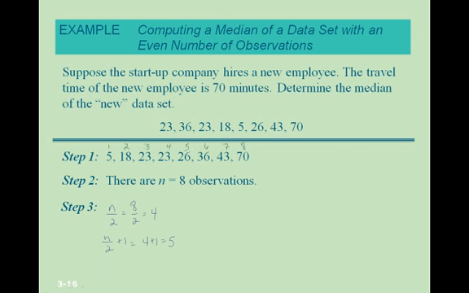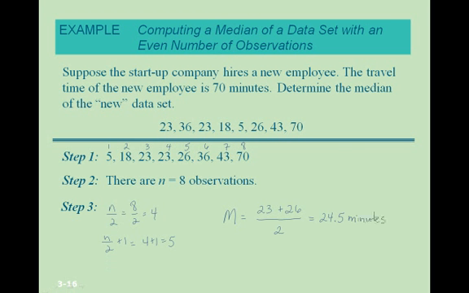Numbering our values, we see that the 4th position is 23 and the 5th position is 26. So we add those together and we divide by 2 since there are 2 values. And we see that we get a value of 24.5 minutes for our median.